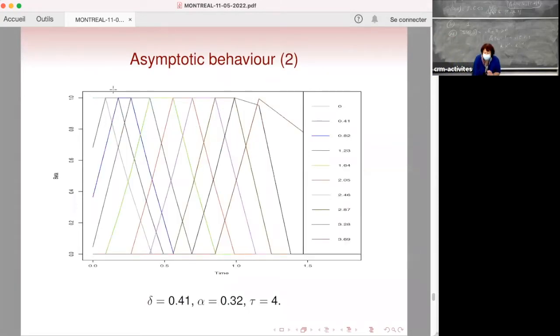But you can see a situation here where we have a lot of traits, and you see in this particular situation with different values of traits, each trait will emerge, stay dominant during some time, and then go to extinction. And so you have a succession of traits, but the subpopulation with such traits go to extinction.